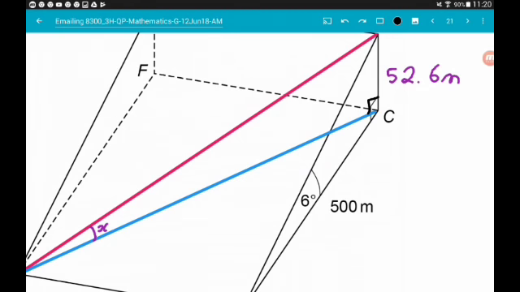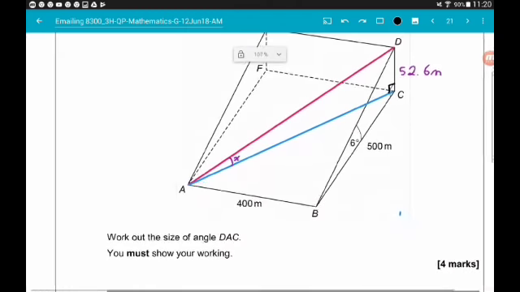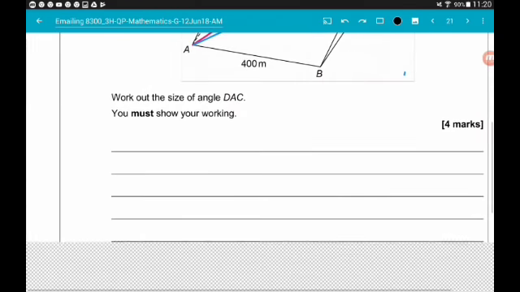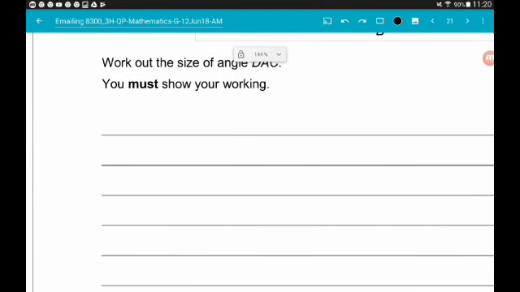We're in a right angle triangle, we know one side length. What would be really cool is if we could work out either the red length or the blue length. Now we can actually work out the blue length because it's the diagonal of the base and we know the two side lengths of the base.